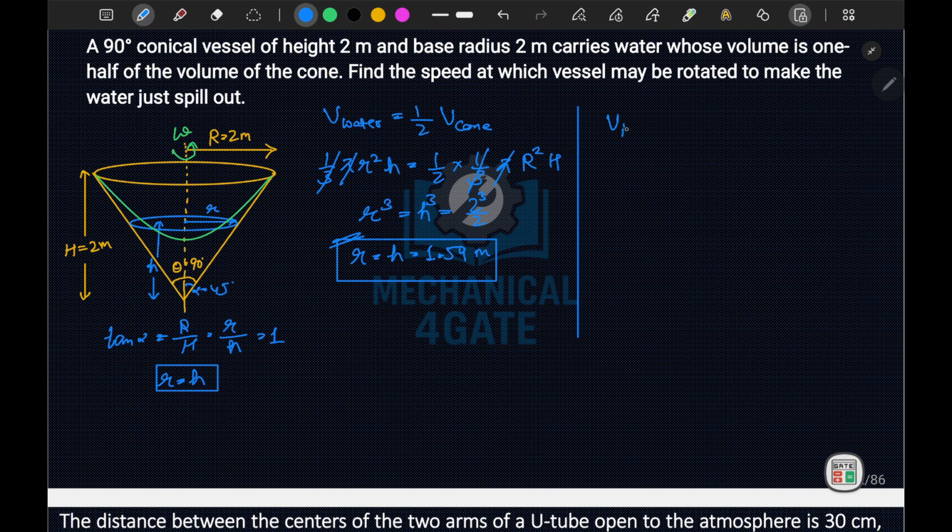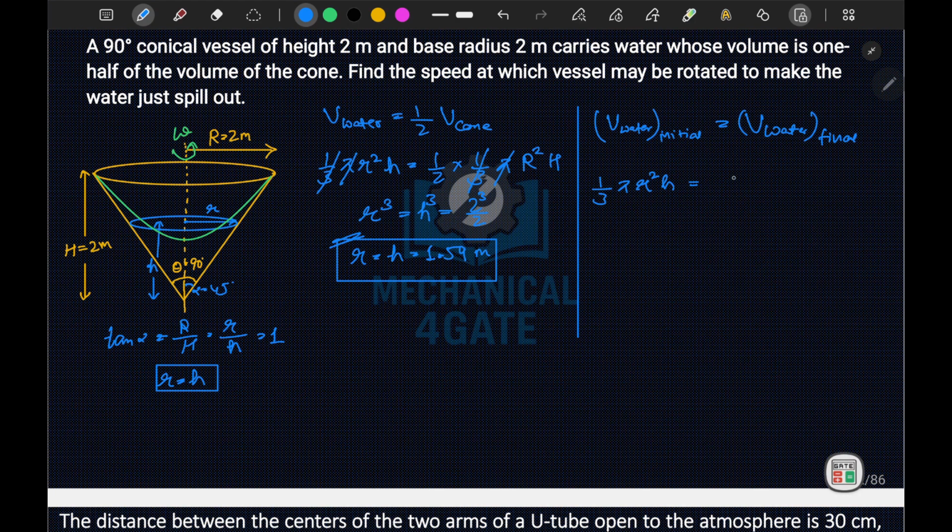So volume of water initial is equal to volume of water final.